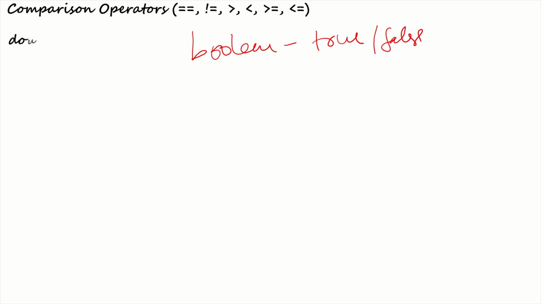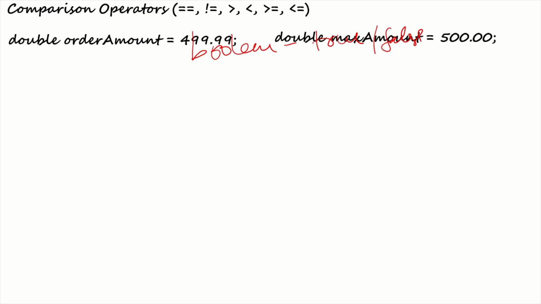So let's take some examples. So I'm going with order amount. So I made a purchase and my total order amount is 499.99, and then the max amount that is allowed for me is $500. I assume that is the use case. Now I want to check whether my order total amount is equal to max amount. So that's where I will go with this equal operator.